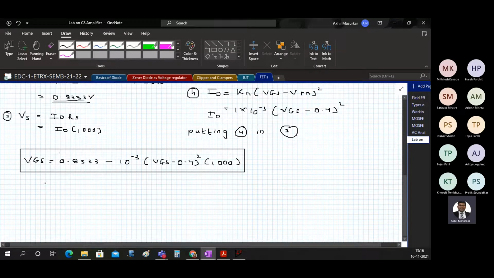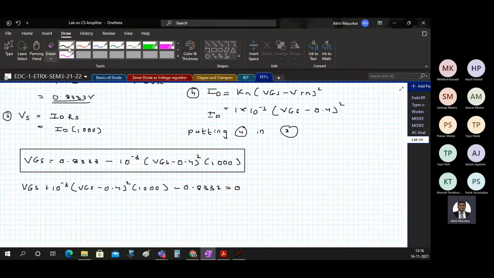So actually what you can do is you can substitute like this: VGS plus 10 raised to minus 3 into (VGS minus 0.4) the whole square into 1000 minus 0.833 equal to 0.